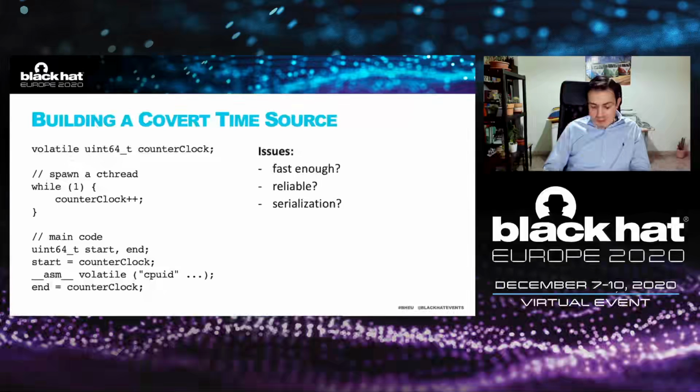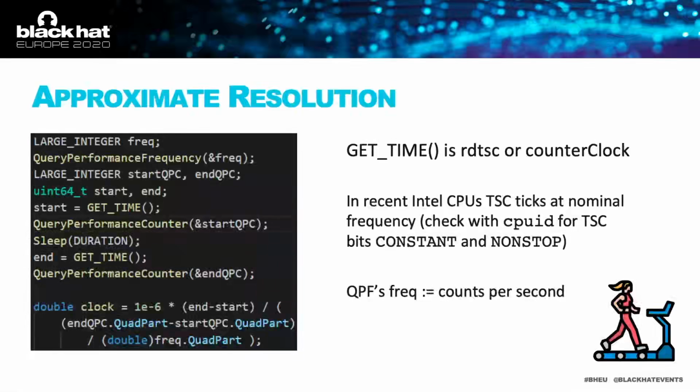So let's do some tests. This is some code for computing the approximate resolution of our time sources. We will be comparing the timestamp counter, read with RDTSC, and our counter clock. With the timestamp counter, the nice thing is that in recent Intel CPUs, the clock ticks at a nominal frequency, so it doesn't depend on the current frequency of the CPU.